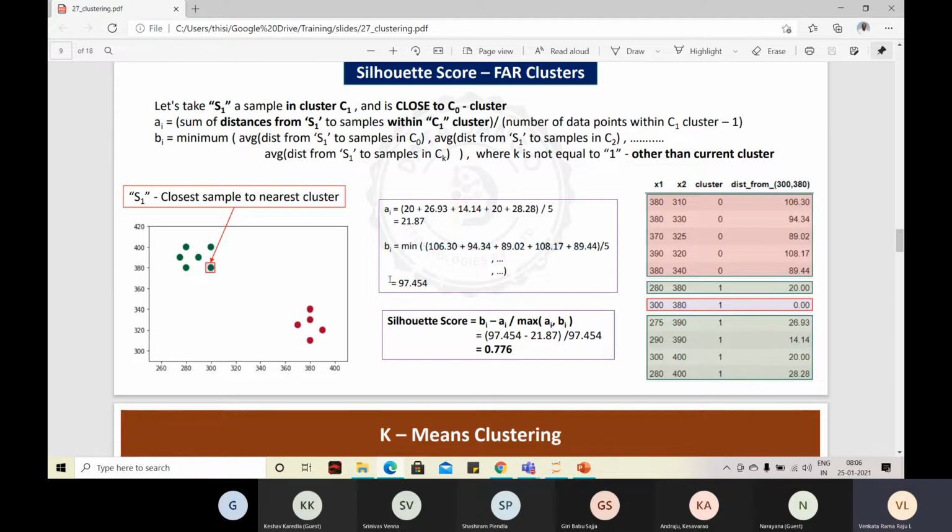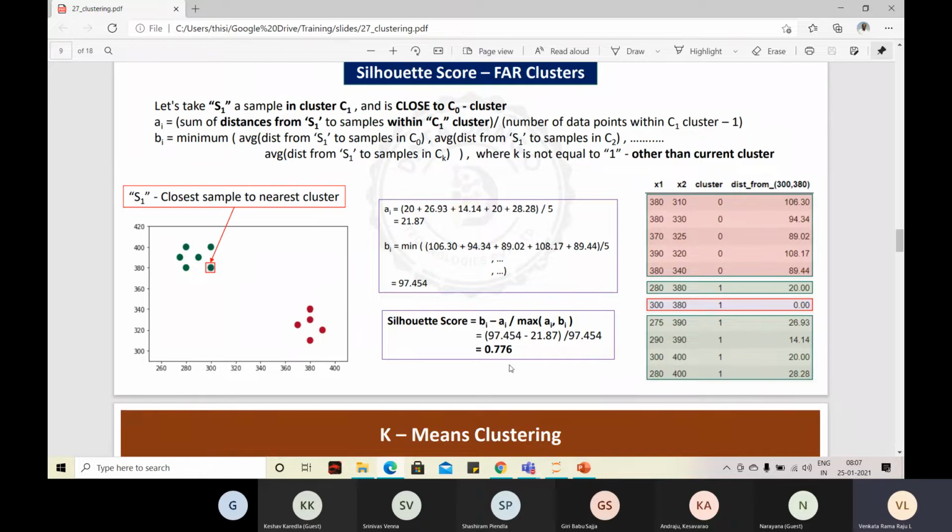We have only one neighboring cluster, so the minimum is going to be that one only. We have another cluster also; we would have calculated that and taken the minimum, but manually it's going to be complex, so I have taken only one neighboring cluster. I took Ai and Bi, substituted into it, and got 0.776 for this data point. That is the silhouette score for far clusters.